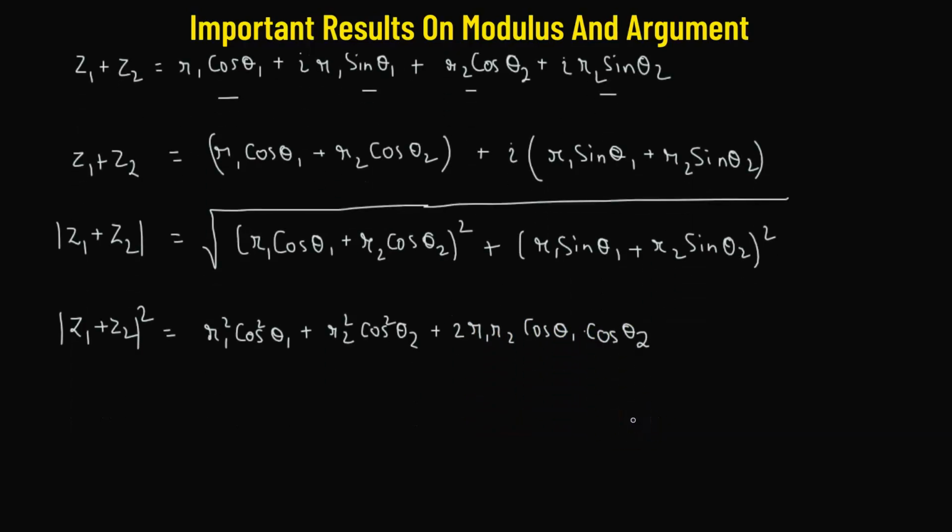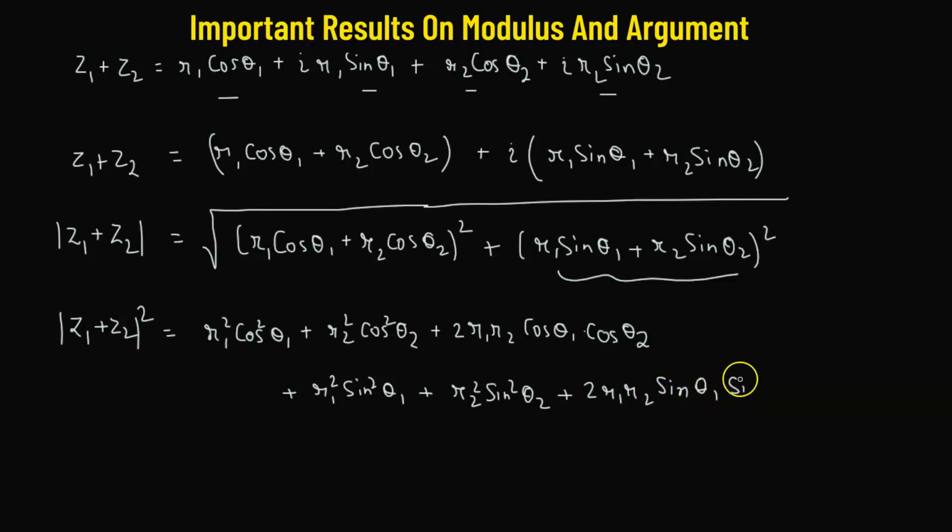Then we square this particular expression. So this will be r1 squared times sine squared theta 1 plus r2 squared times sine squared theta 2 plus 2 times r1 times r2 times sine theta 1 times sine theta 2.